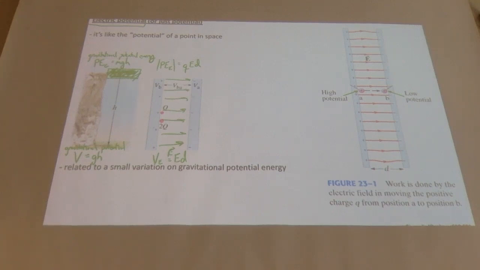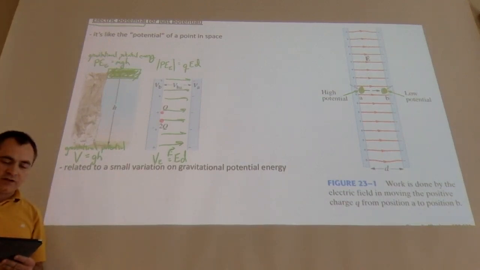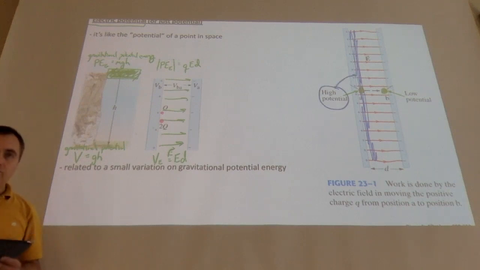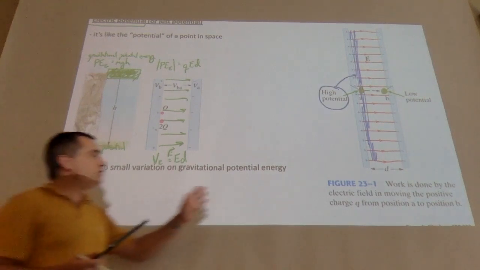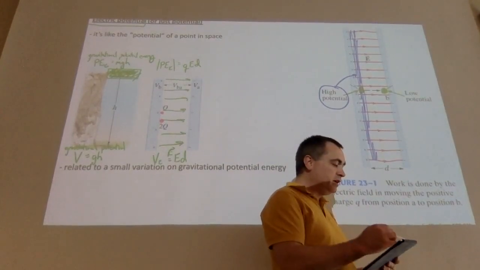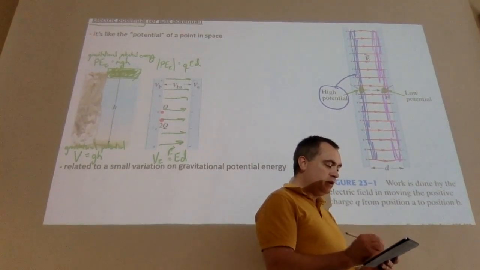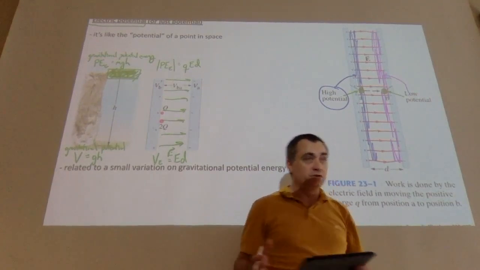We can look at this diagram and completely get rid of these charges. And we can analyze this setup and say that over on the left-hand side, in this region of space, there is high potential. And that amount of potential is going to be less and less as I go across here until I get over on the other side, and we would say that regions of space over here have low potential.